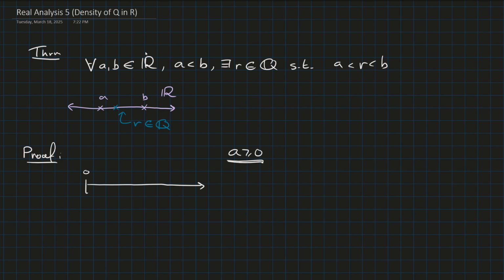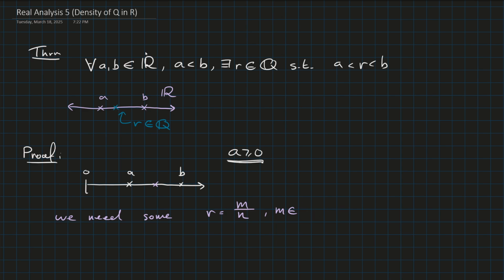So we have some A here, and we have some B. The first thing is, I'm trying to find some R in between them. So we could say we need some R equals, maybe we call it M over N, with M a natural number and N also a natural number.